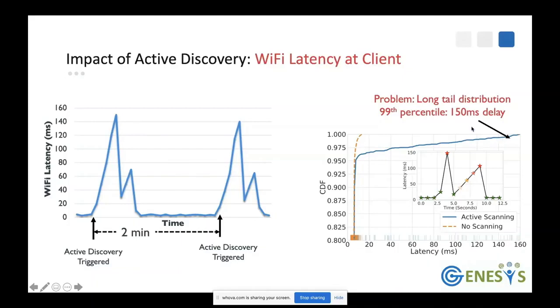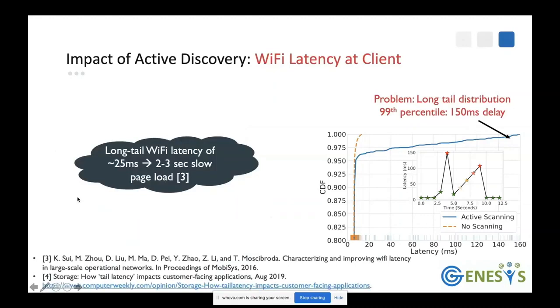Now, why is this important? It has been studied in the literature that this kind of distribution, where we observe long tail Wi-Fi latency even around 25 milliseconds, causes application level delays, and these delays can result in page loads as slow as 2 to 3 seconds.